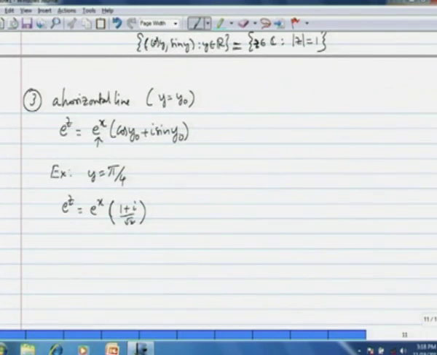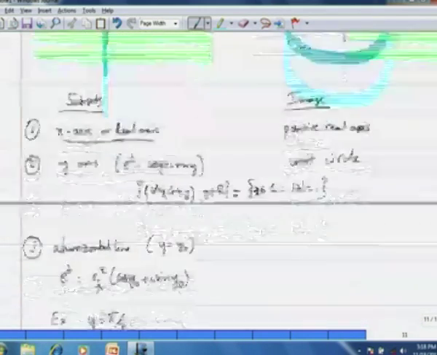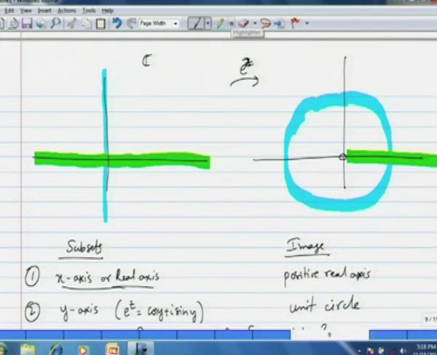Okay. So, e power x is a positive real number. So, e power z is a real multiple of the complex number (1 plus i)/root 2. If you consider, once again let me take another color, this horizontal line, let me call it y equals pi by 4, for example.